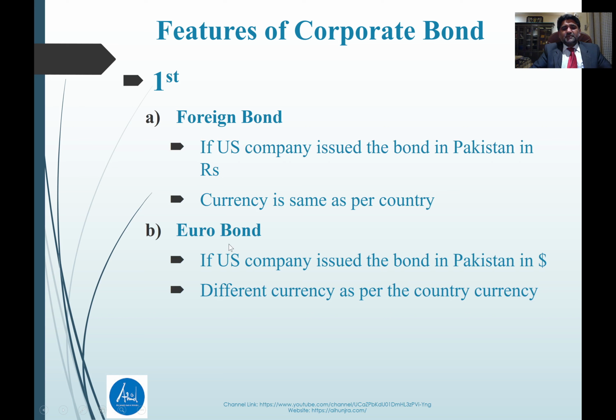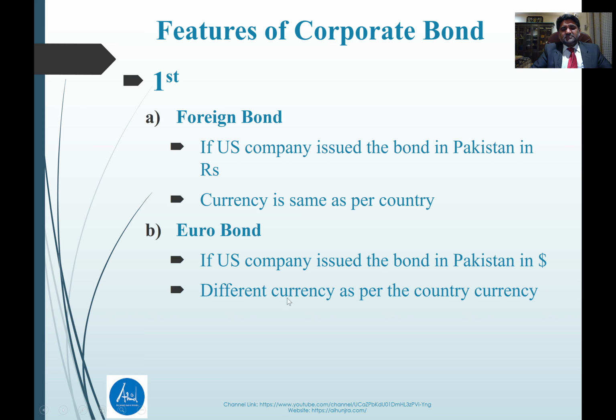Euro bond. If a US company issues a bond in Pakistan in its own currency, the USA currency is the dollar, and the US company issues the bond in Pakistan in dollars, that is called a euro bond.